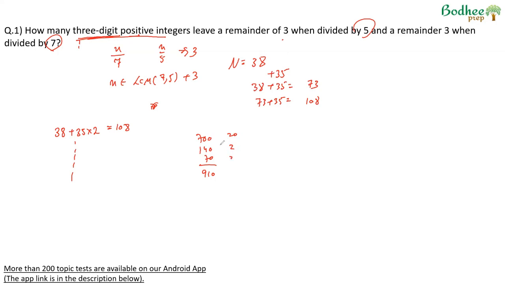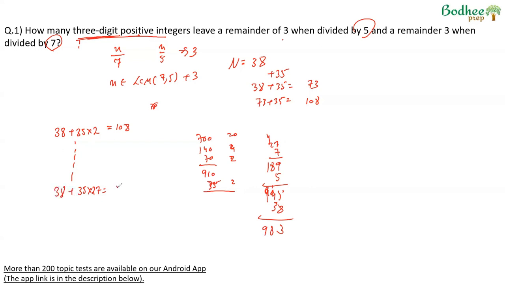Going further, 35 into 27 is 945. If we add 38 to that, we'll get 983.